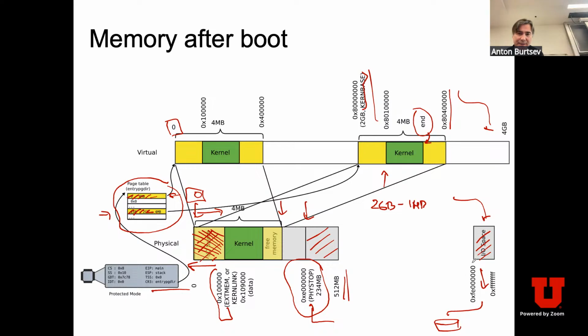It lives at the very top of the address space. This address range is also reserved by the BIOS, right? So we have to be careful and never touch it, but we shouldn't really, because we will only be using memory up to PHYSTOP, up to here, right? That's the state of the system after boot, right?